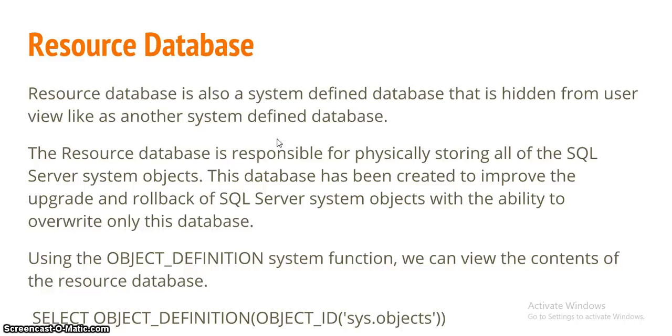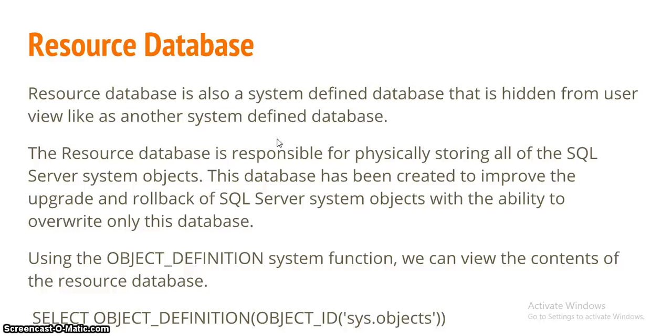The resource database is responsible for physically storing all the SQL Server system objects. This database was created to improve the upgrade and rollback of SQL Server system objects, with the ability to override only this database. All the object code is physically stored in this database.